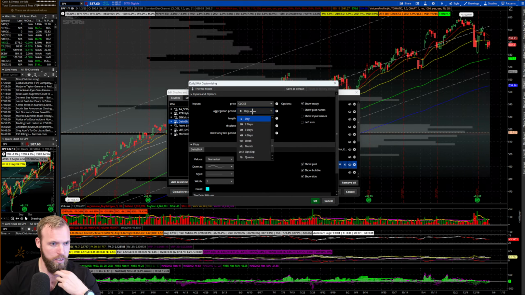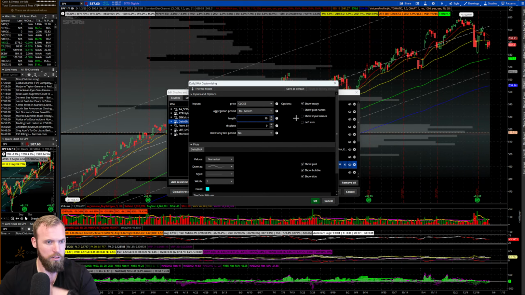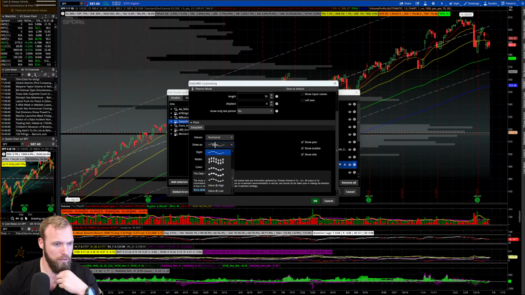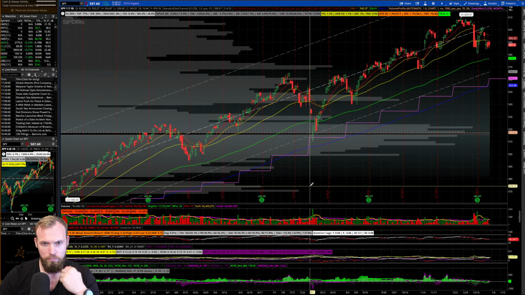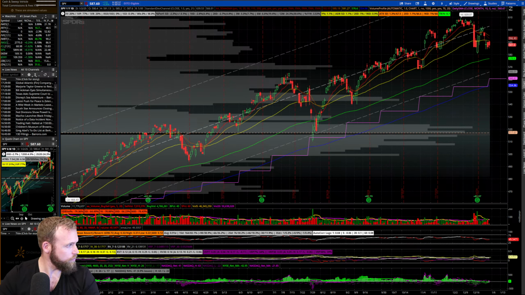This one is monthly, and it's a 10-month. I don't know who on earth would draw the SMA as that wonky thing. That's weird. And let's make this one this color so it sticks out compared to everything. That seems like it's above it. So this one, we have our starting point.